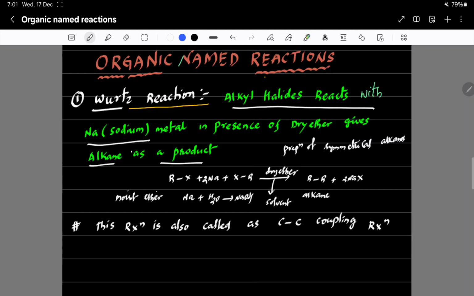This NaOH reacts with alkyl halide, so then formation of alcohol is the product. And one more thing, students, sodium reacts with water, so maybe the reaction takes place explosively also. That's why, students, we need to always take dry ether as the priority for the preparation of alkane.